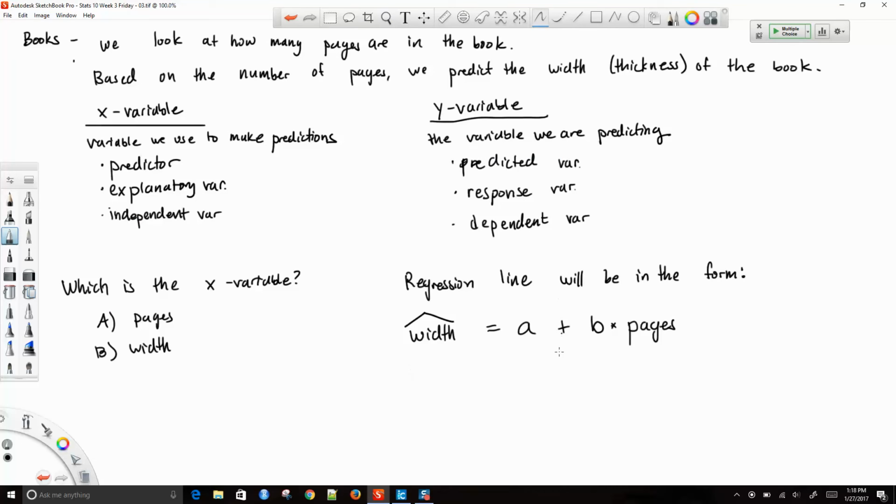Okay, so this is our intercept, and here's our slope.